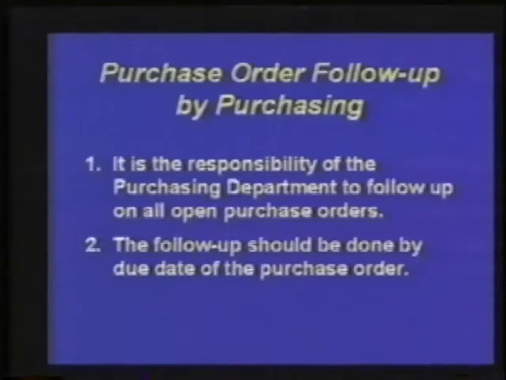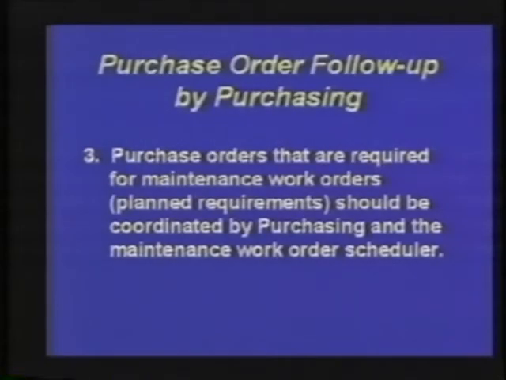So therefore, within the purchasing system, the purchase order file can be resequenced where we have POs by supplier by due date. Item 3, purchase orders that are required for maintenance work orders which are planned should be coordinated by purchasing in the maintenance management program. That is the maintenance work order planning and scheduling system.